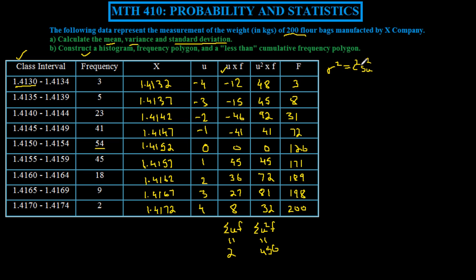Now the variance is equal to c squared times the variance of u, which is 0.0005 squared times net u squared f minus net uf whole squared over n, all over n minus 1.